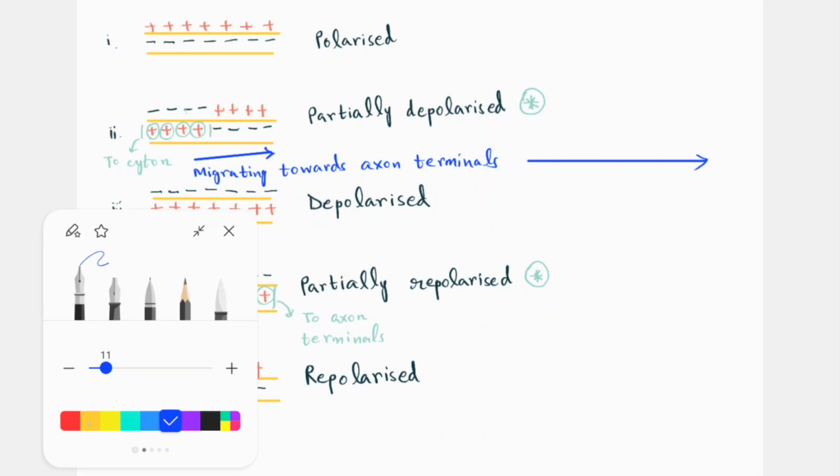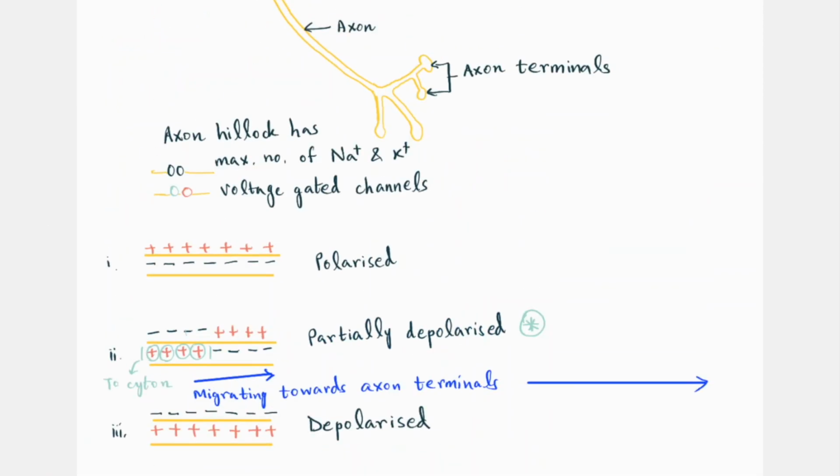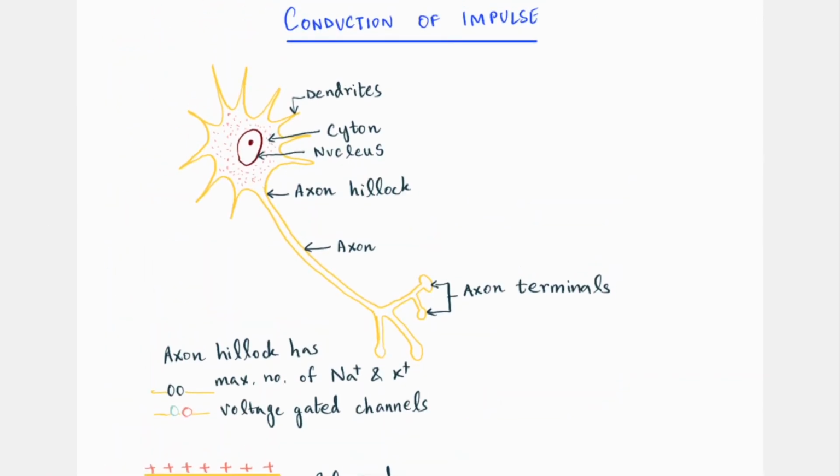And now I can go back to my previous diagram and say that if the positive charge arose on the inside of the cell right here, it will keep on going through the axon, the depolarization. It's called a wave of depolarization, right? And it will keep on going till it reaches the axon terminal, right? This is how the nerve impulse is conducted.